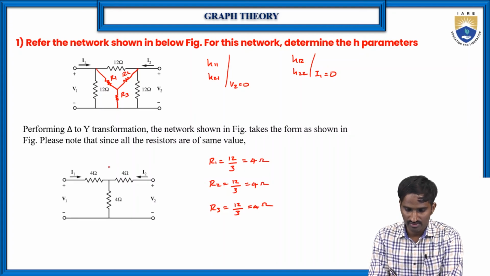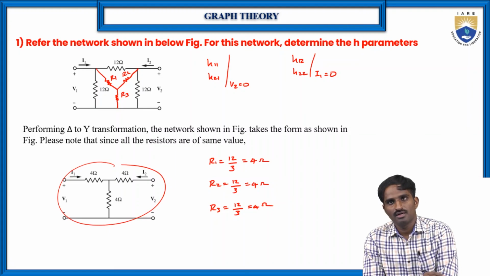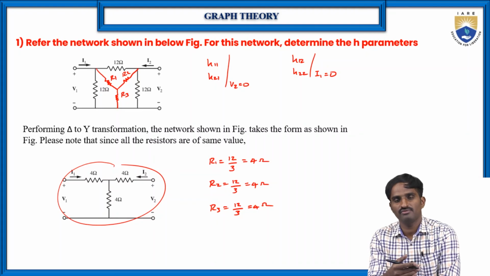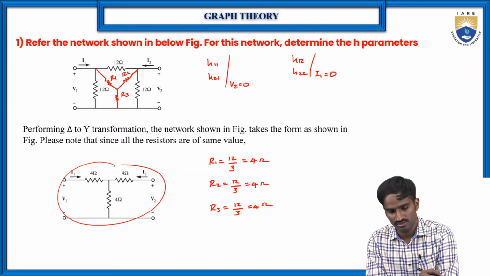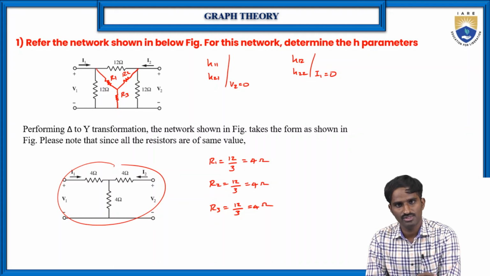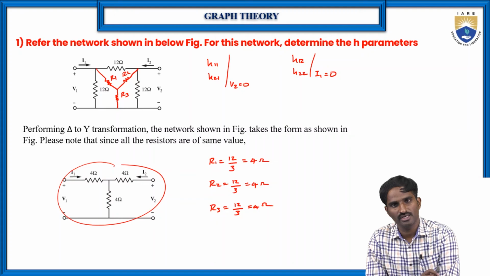So now we have converted the delta into star, which means we are converting the pi network into the T network. So now, the same procedure that we followed in the previous problem, we can apply to this particular network to find the various H parameters.